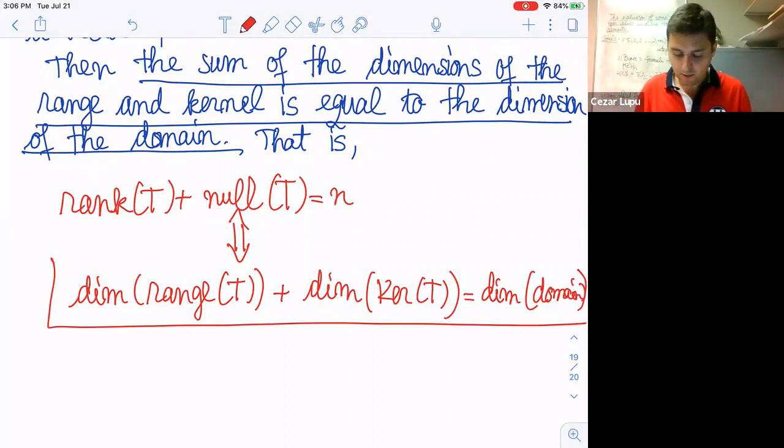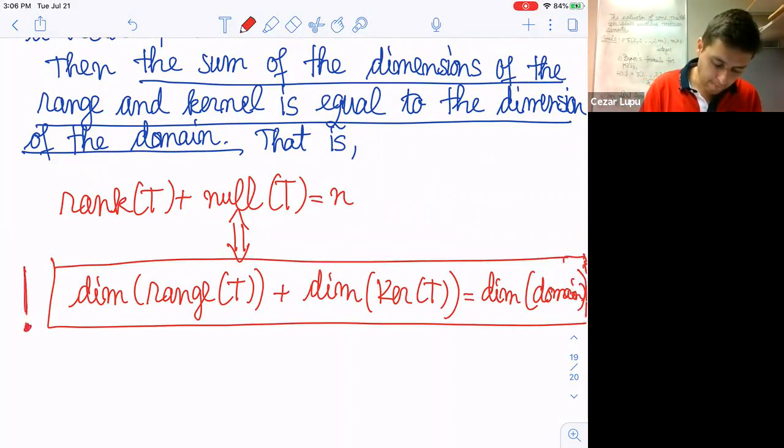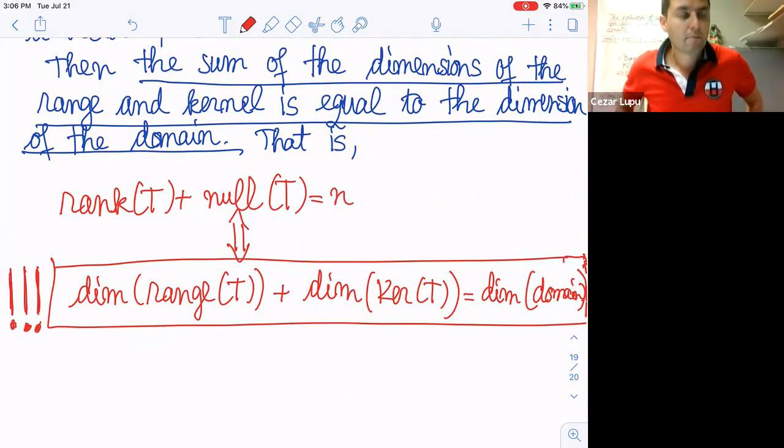That's the formula you need to know. We'll see some examples.